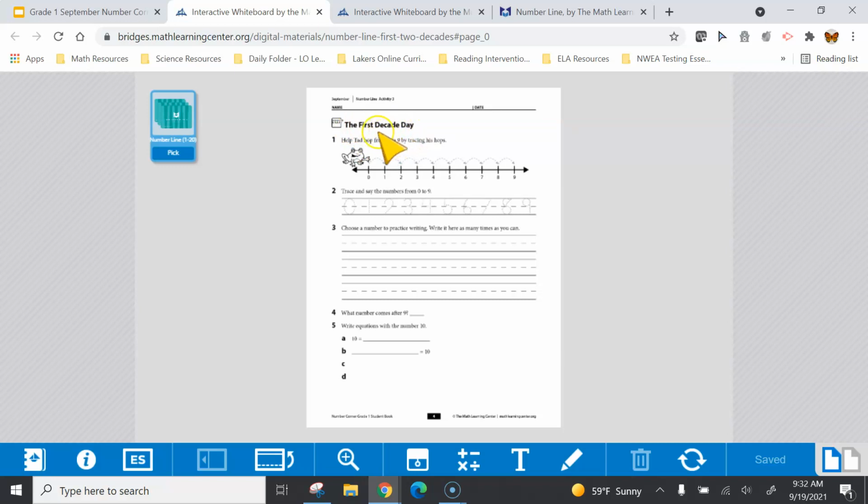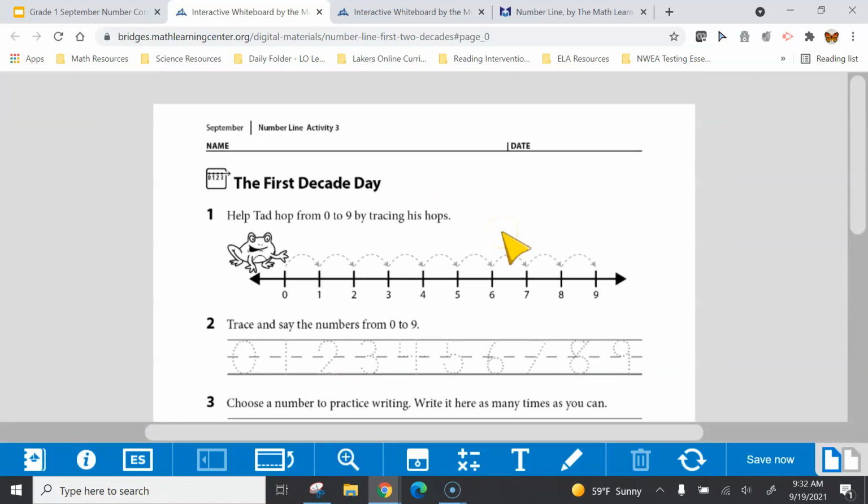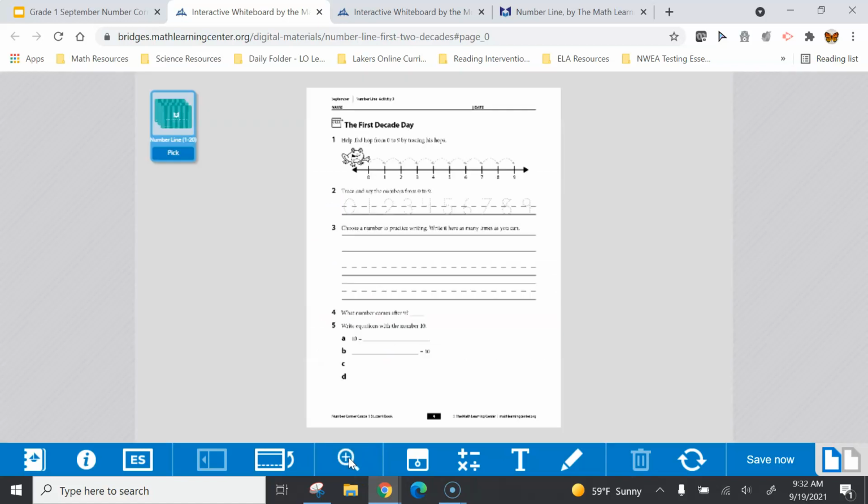When we talk about the word decade, decade starts with a D. D for decade. Decade is another way of saying a group of 10. I want you to keep that in mind because we're going to be doing a lot with counting the school year and counting in groups of 10.